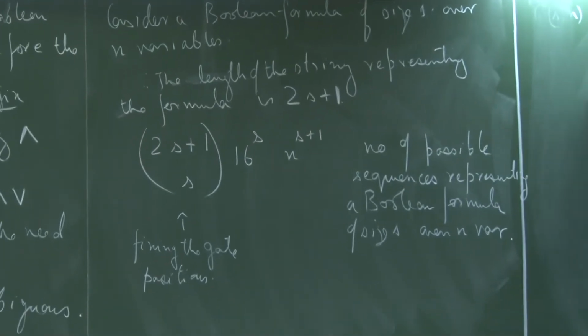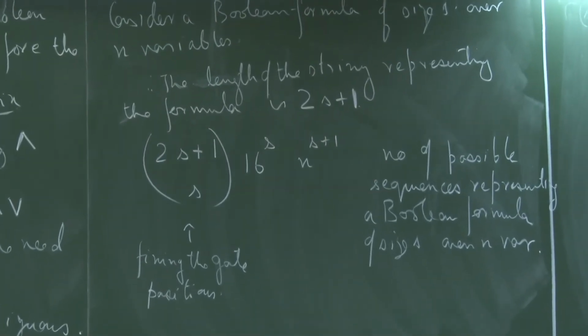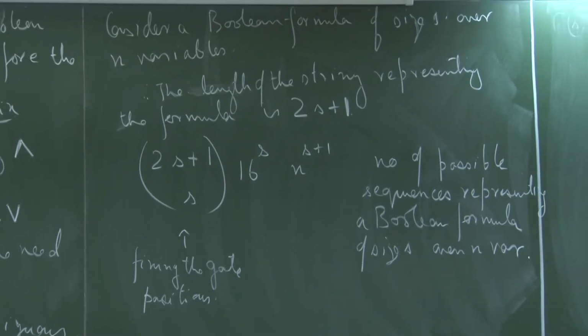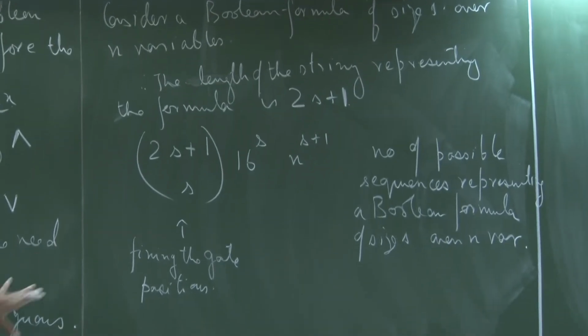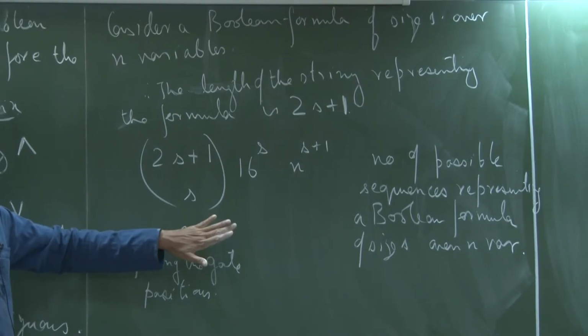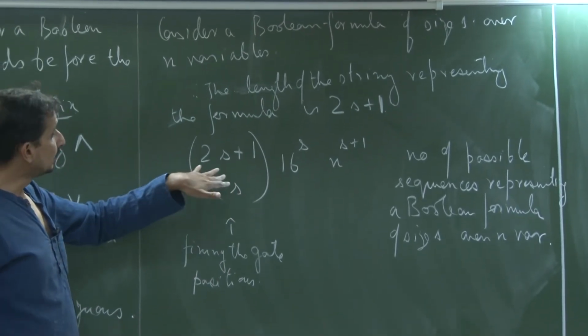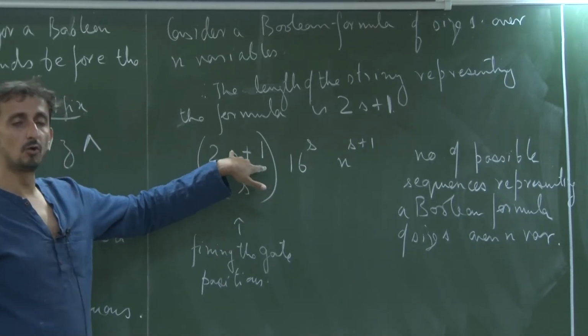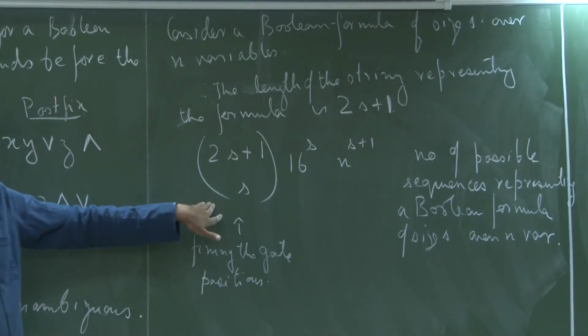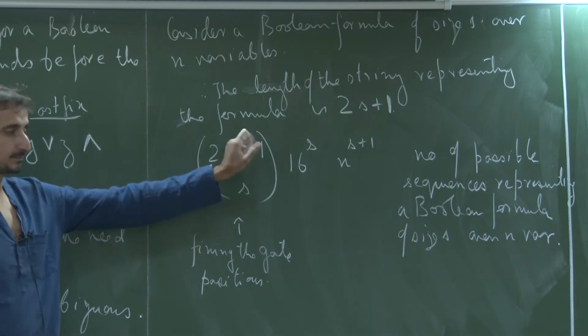So, now let us once again estimate this quantity. Here again we can use Stirling's approximation. So, this is like 2s plus 1 whole factorial divided by s factorial times s plus 1 factorial.